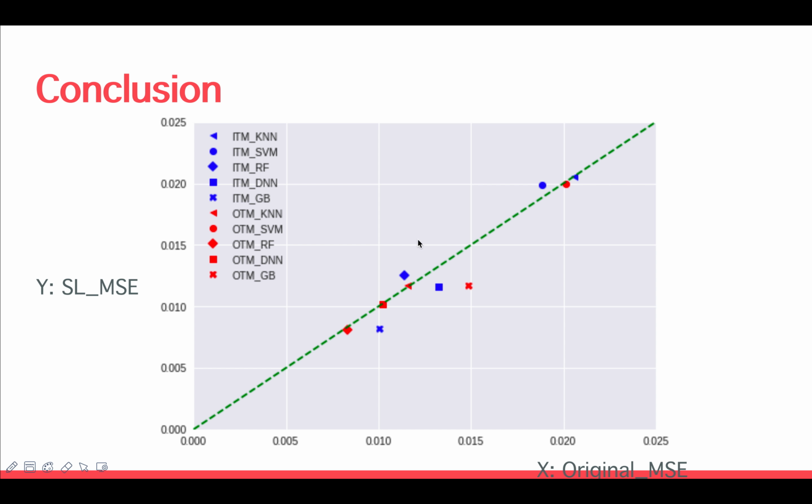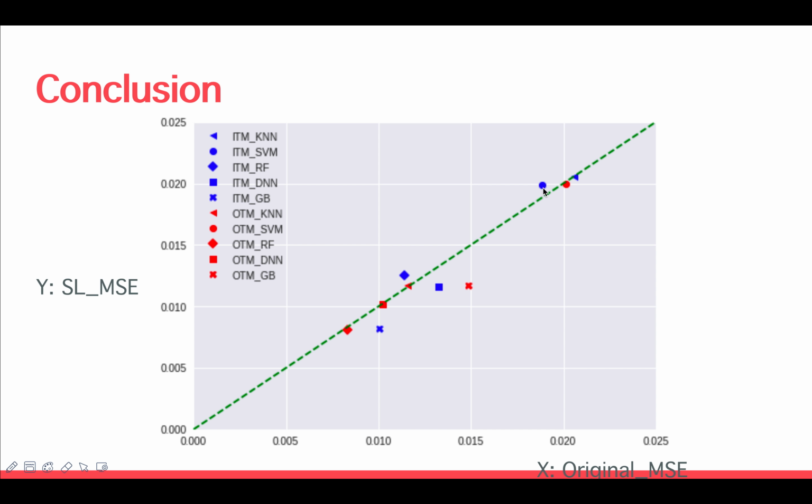If the point is above this gray line, that means your selective learning is not helpful. And if the point is on the line, the MSE is very similar before and after selective learning.